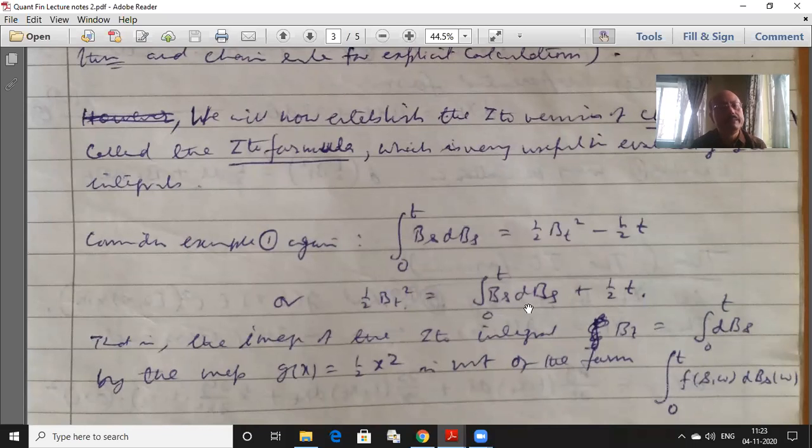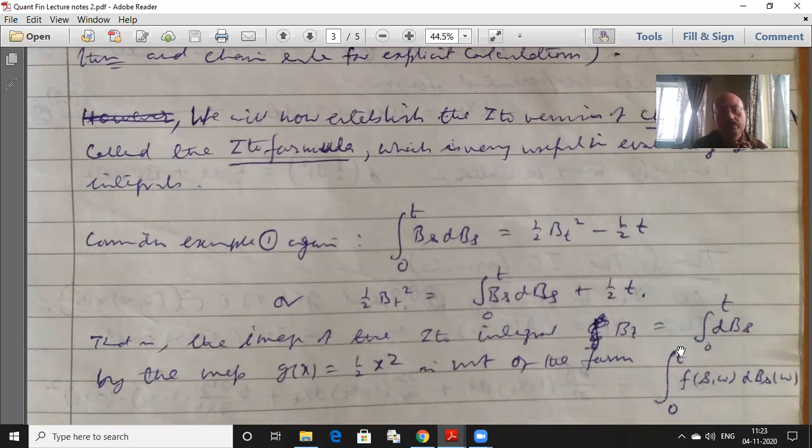One integral is a dB type integral, and the other term is actually a dt integral. So I make the following statement about the image of the Ito integral. What is the fundamental building block? B_t. I can think of B_t as the integral from 0 to t of dB_s. Notionally, this is just a representation. So B_t is an integral of dB_s.